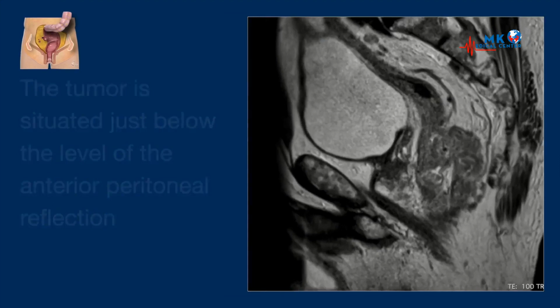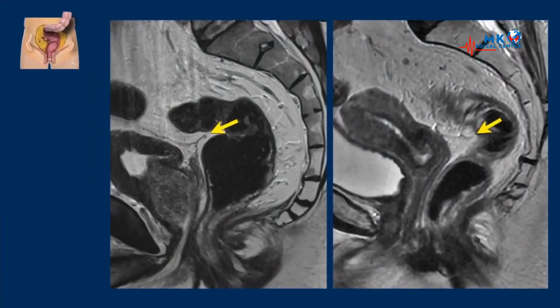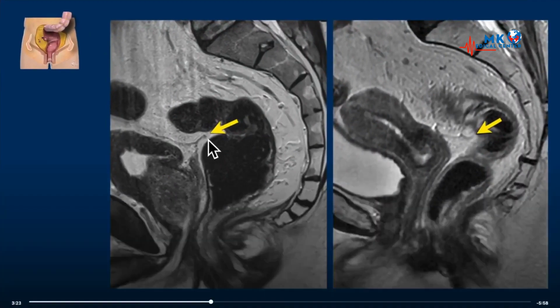Now let's see if we can find this anterior peritoneal reflection. It's situated about here. Can be very difficult to find it. In another patient, it's far more easy to see over here, and the image on the right somewhat difficult, but it must be over here.